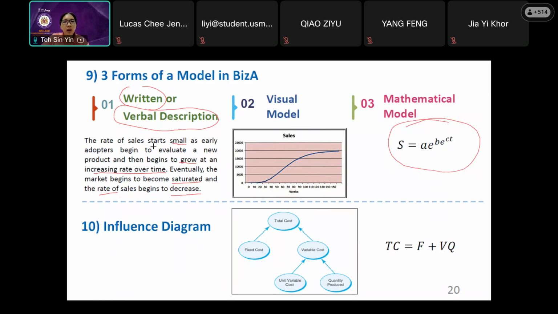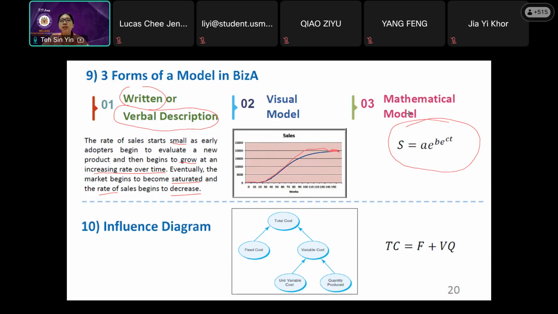What I describe here, I draw it here, and you will see it very clearly. It starts very small at the early stage, and then it begins to grow and increase over time. Then eventually it's saturated and becomes straight already. It's saturated, so it begins to decrease. So when I draw it, it will be easier for you to see.